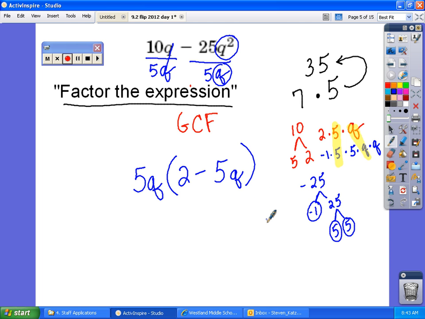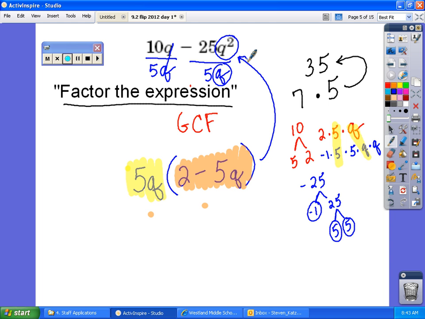Now, this is the factored form. This is essentially a multiplication problem, because you have 5q times this, which stands for one whole thing. This is one number. So it's this times this, which will lead you to get that original answer, 10q minus 25q squared.